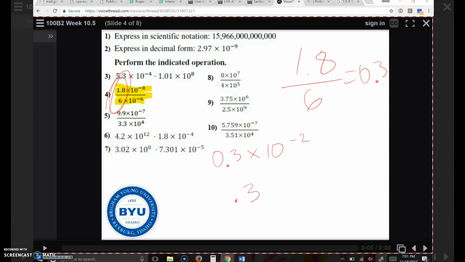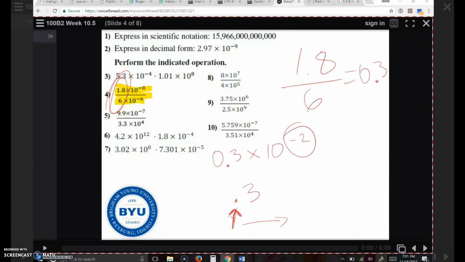Remember when we did the positive, when we had something times 10 to the +4, we moved the decimal place to the right.